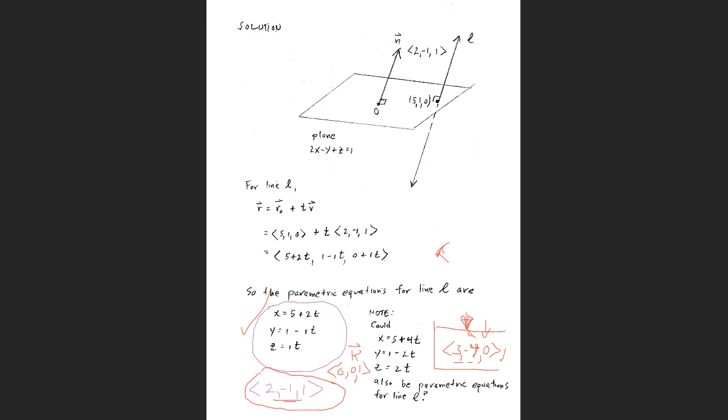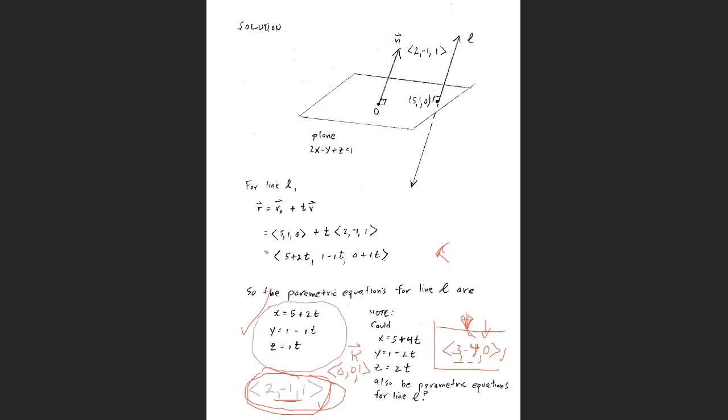Now, the line that we have that goes in the direction of 2, -1, 1, is it parallel to a horizontal line? No. Definitely not. 2, -1, 1 is not a multiple of 3, -4, 0.